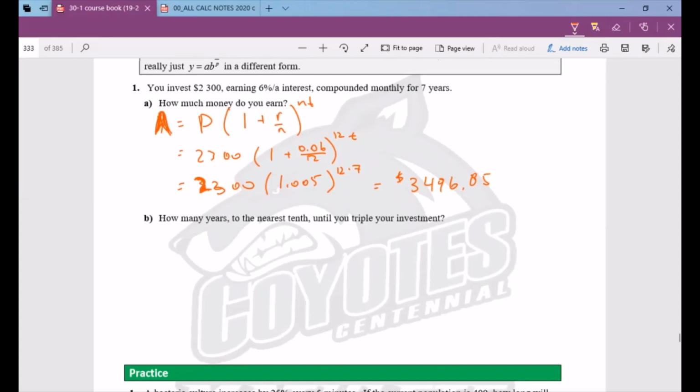And then our last one, how many years to the nearest tenth to triple this investment? So A is equal to 2300 times 1.005 to the 12t, and we've tripled our investment.